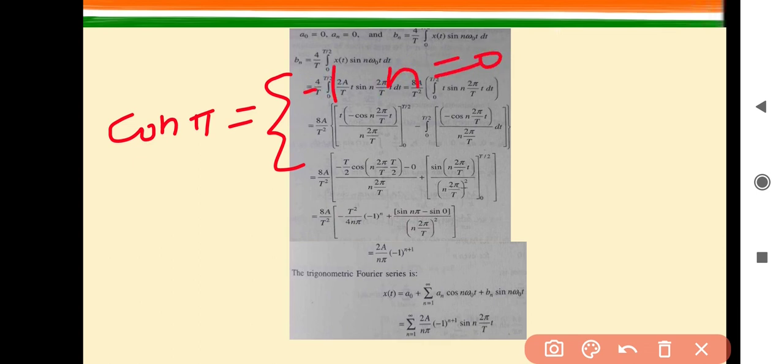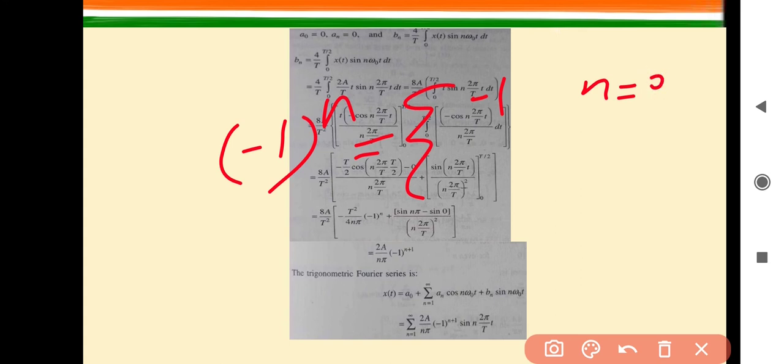We have to get only this value, which came from this cosine term, which is cos n pi minus 0, and cos n pi is equal to minus 1 when n is odd, and it is plus 1 when n is even.